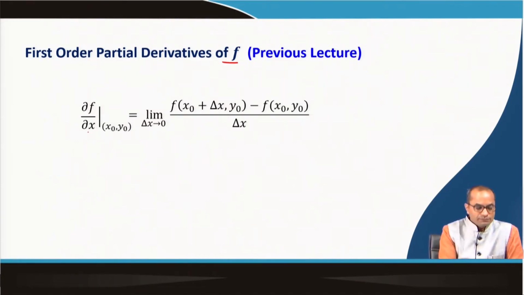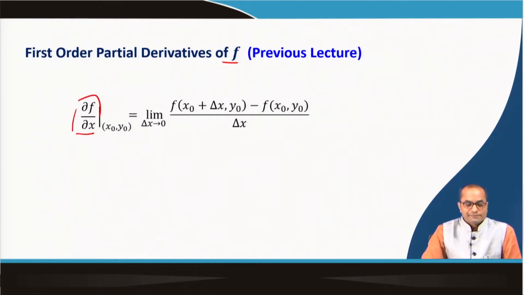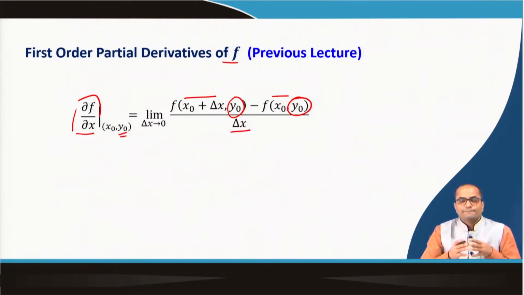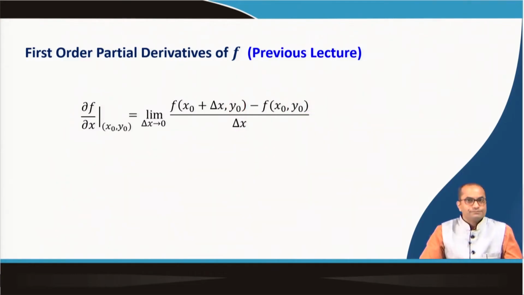For example, if you want the partial derivative with respect to x, the y coordinate will be treated as constant. Here we have substituted y naught, and there is a variation from x naught to x naught plus delta x, divided by delta x, and we look for the limit of this quotient. If this limit exists, we call it the partial derivative with respect to x.